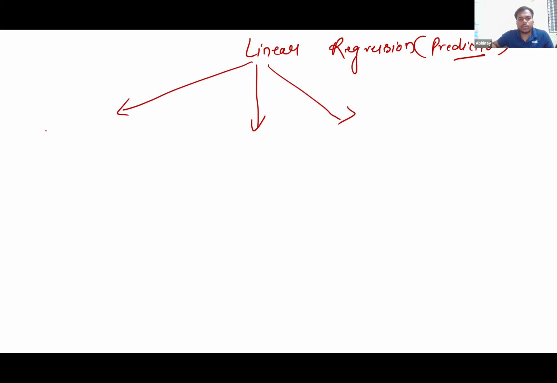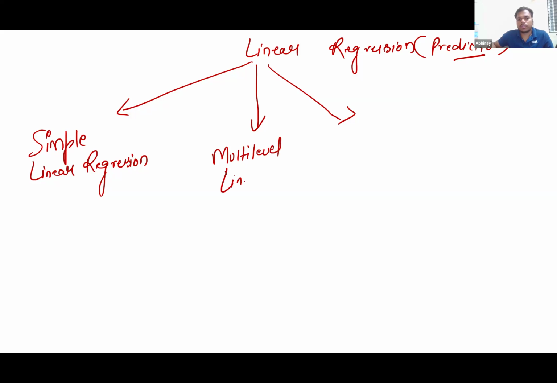The first part is known as simple linear regression, the very simple one. After that, we have multiple linear regression.